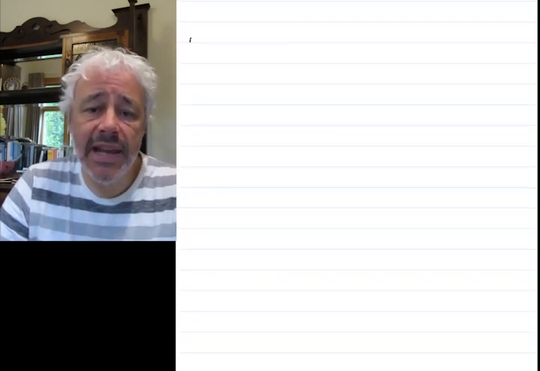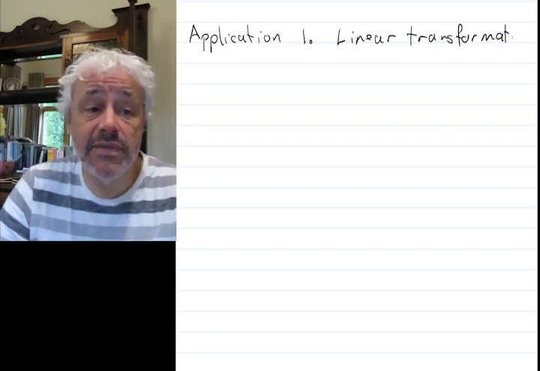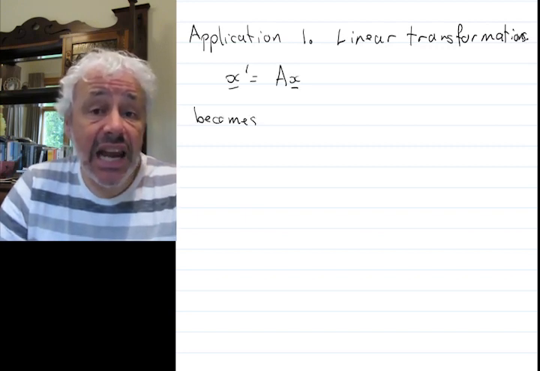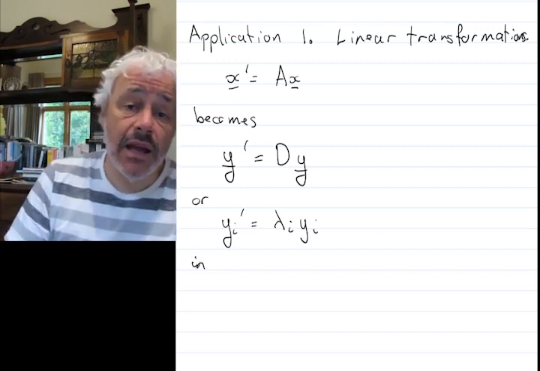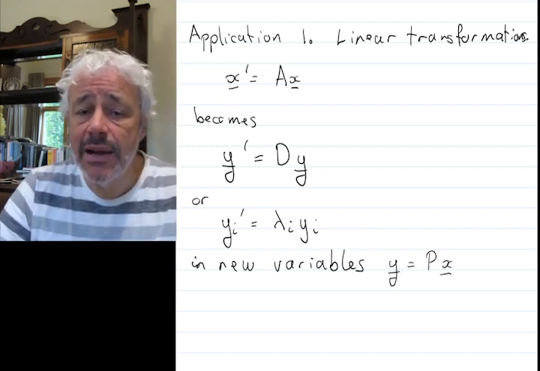Let's do a couple of applications. The first one is the one I mentioned earlier, simplifying linear transformations by doing a change of variables. We've seen that if matrix A is diagonalizable, then the linear transformation x maps to x prime, where x prime equals Ax, can be transformed into y prime equals Dy, where D is diagonal.